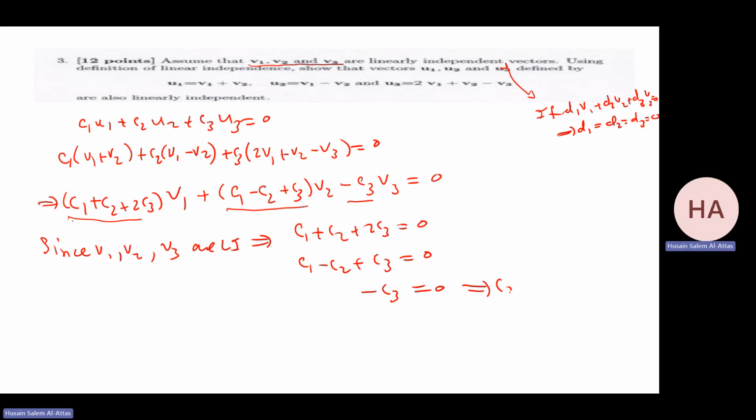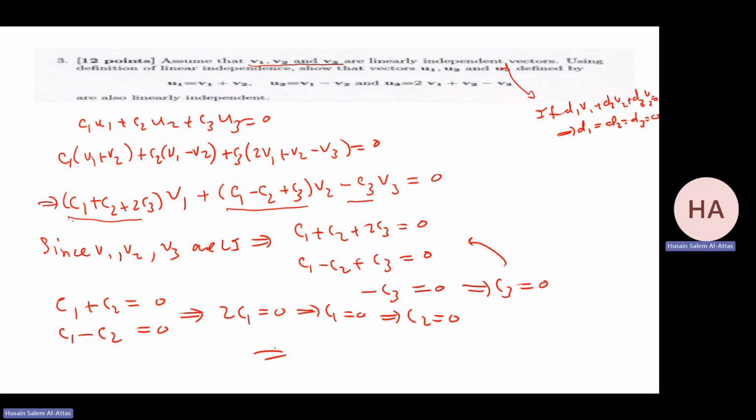Here I'm getting C3 equal to 0. Plug it there. I'm getting C1 plus C2 equal to 0, C1 minus C2 equal to 0. So I'm getting 2C1 equal to 0. If I add this, means C1 equal to 0, means C2 equal to 0. It means U1, U2, U3 are linearly independent. Okay.